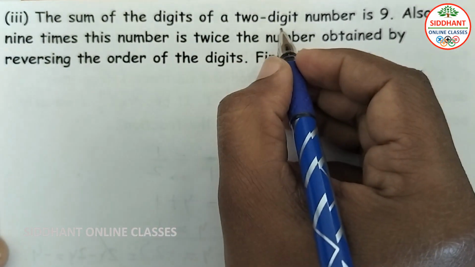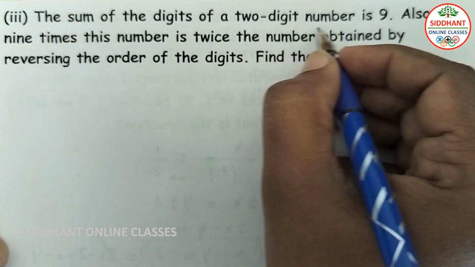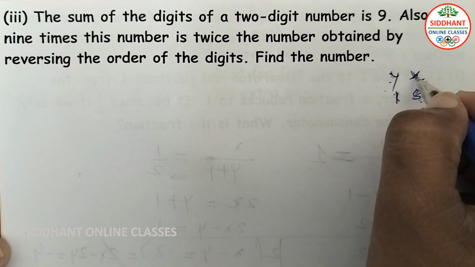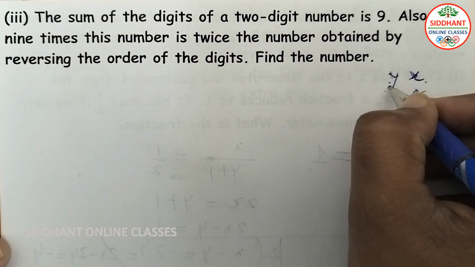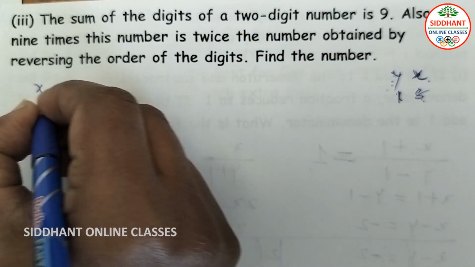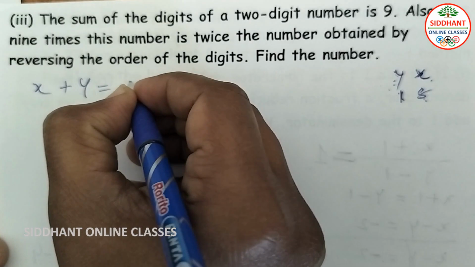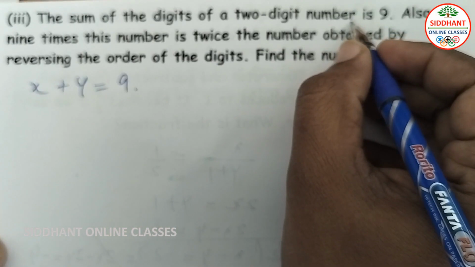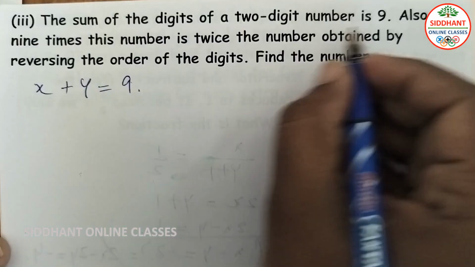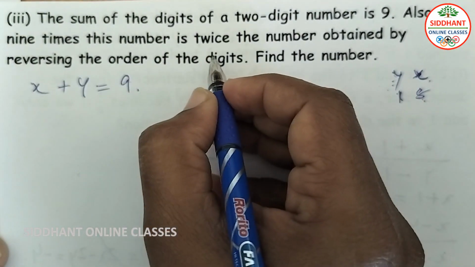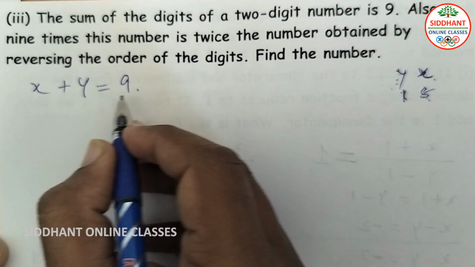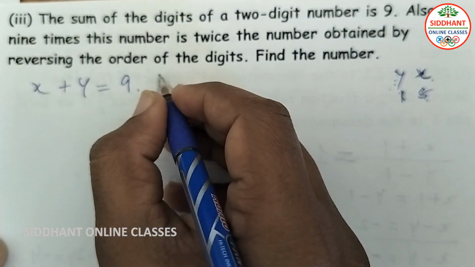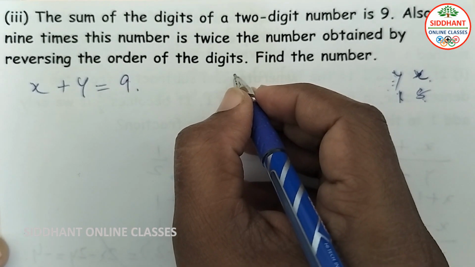Now the sum of the digits of the two digit number is 9. That means one digit is x, another digit is y. That means first is x plus y equal to 9 here. The sum of x and y equal to 9. Next, also 9 times this number is twice the number obtained by reversing the order of digits.